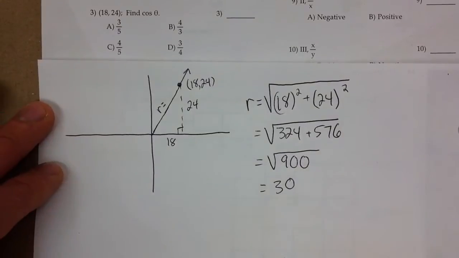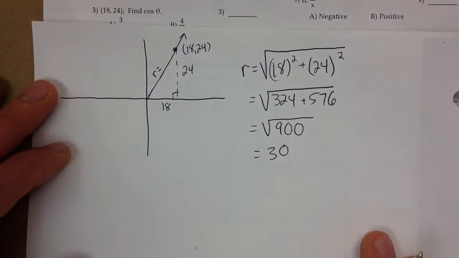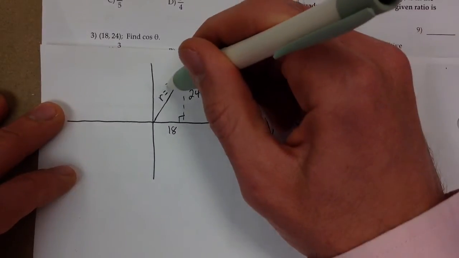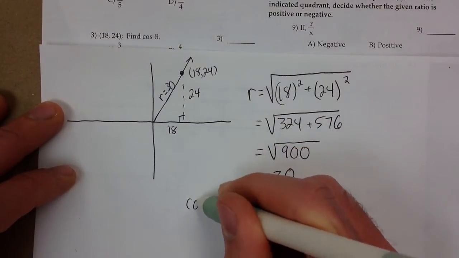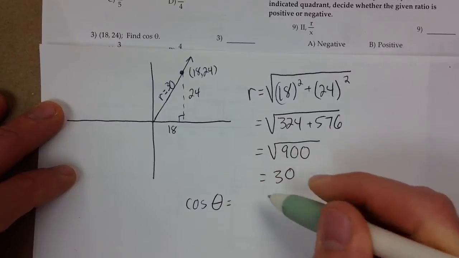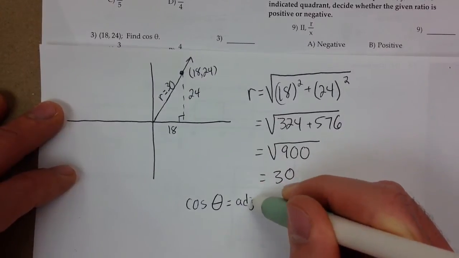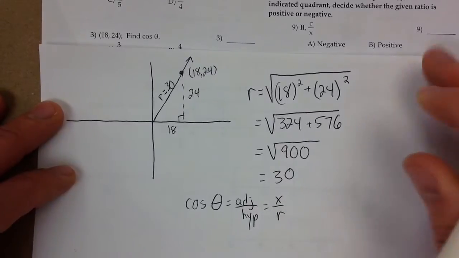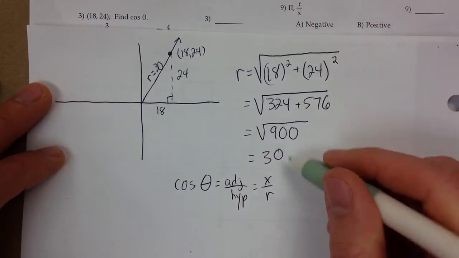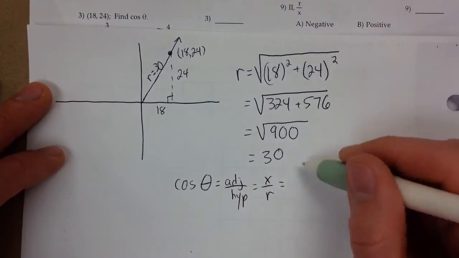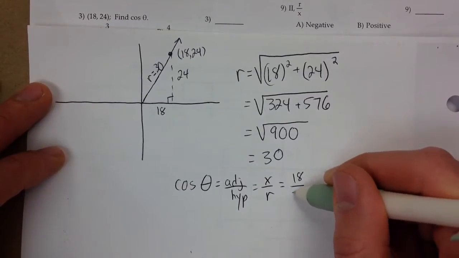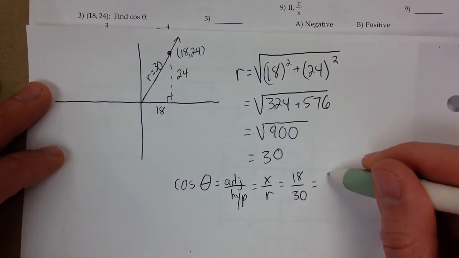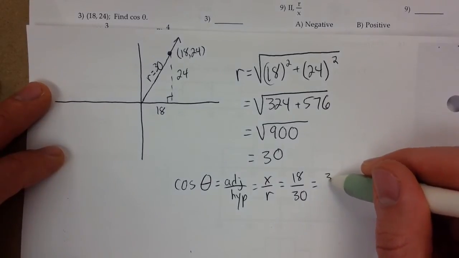Good. So we're almost done. Tell me about cosine. What is its definition? Excellent. Very good.